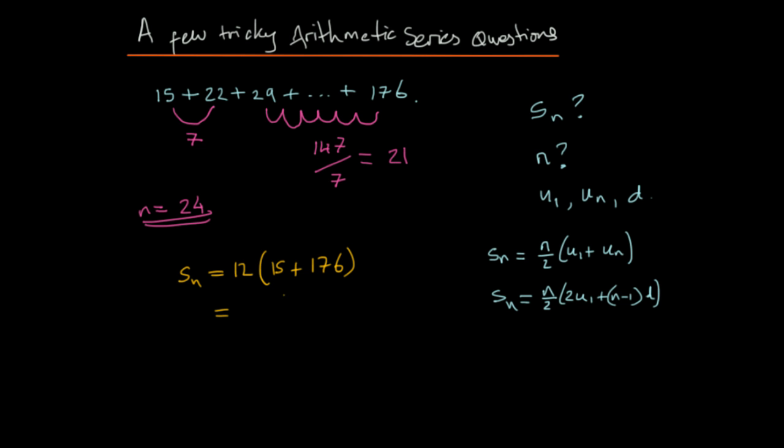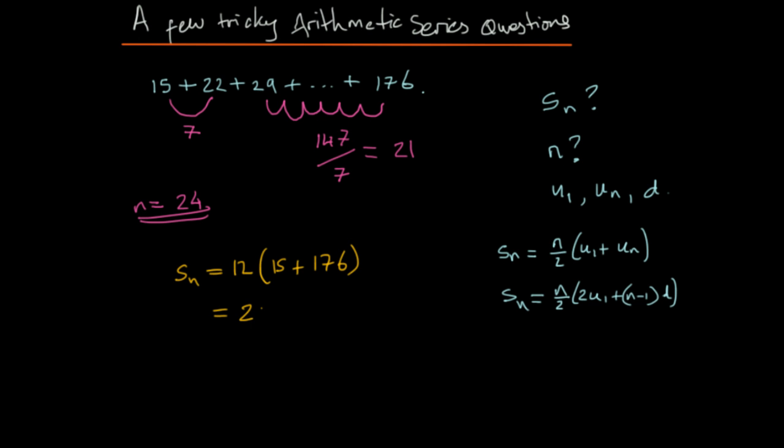If we do that on the calculator, 176 plus 15 equals 191. And if I multiply that by 12, I get 2,292.